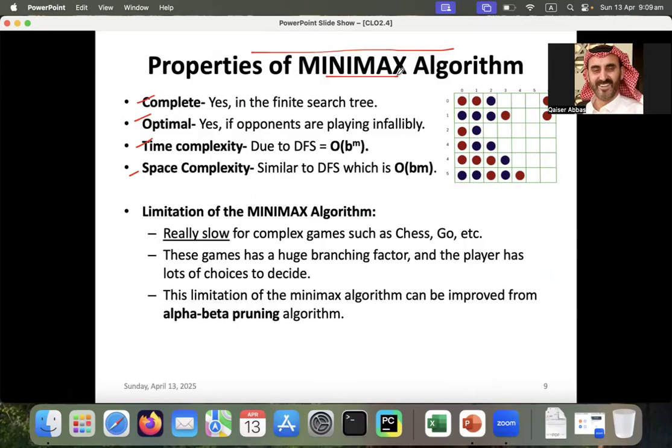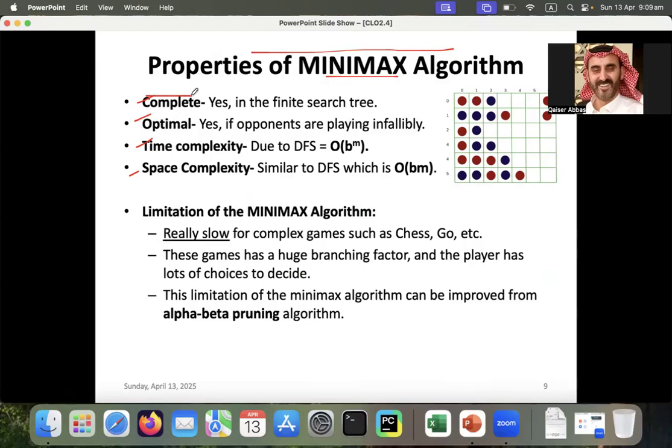The calculation is different, but the expansion of the nodes is according to depth first search. And if it is according to depth first search, then its completeness, optimality, time, and space would be according to that.